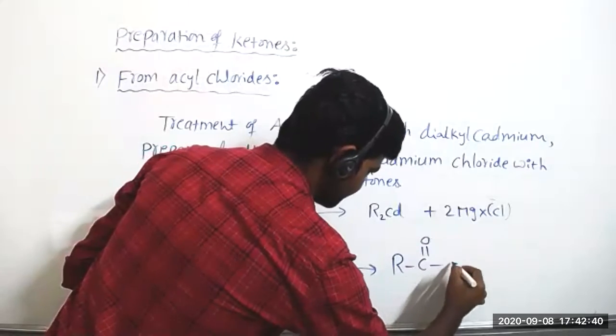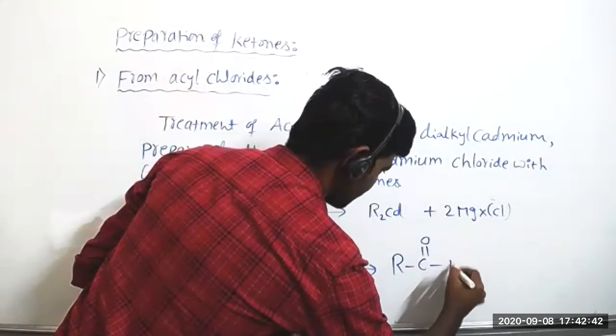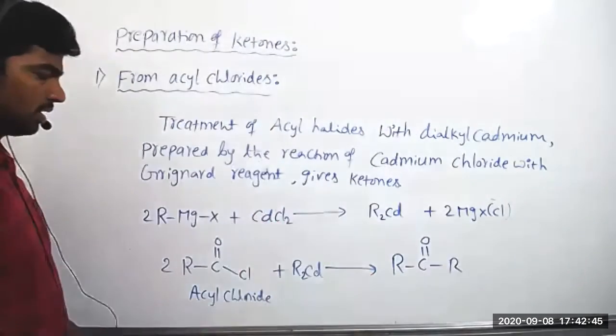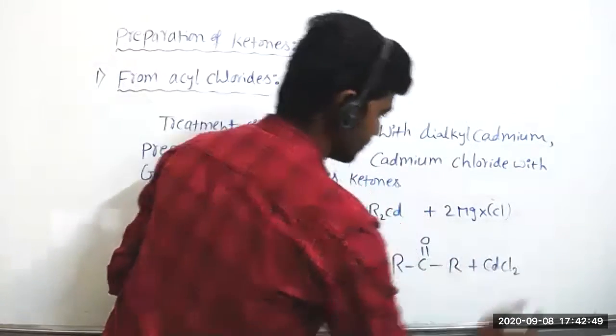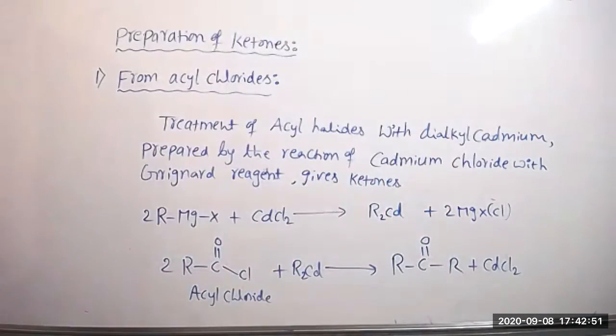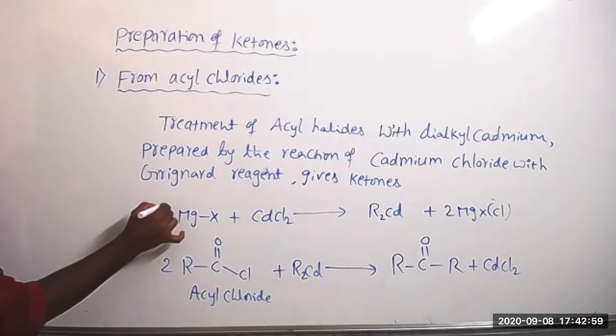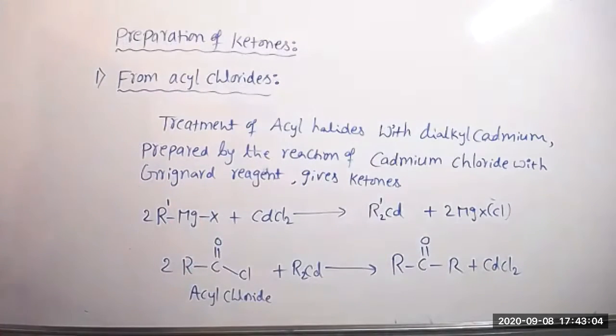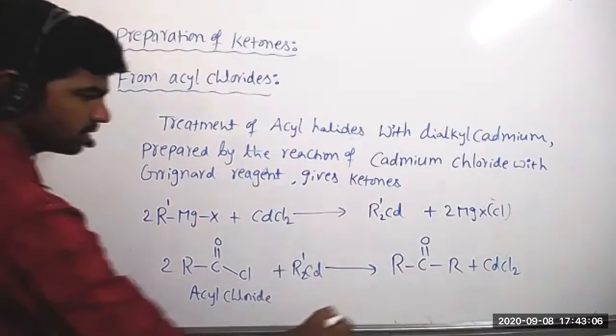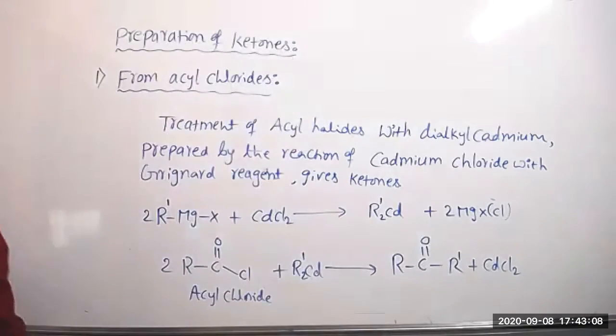The product is RCOR. So here you take R dash, here we get R dash, here also R dash. Product also keep R dash.